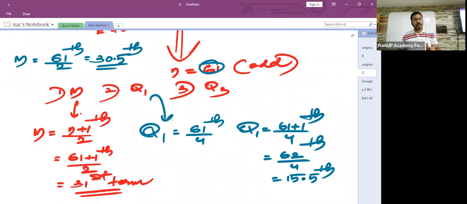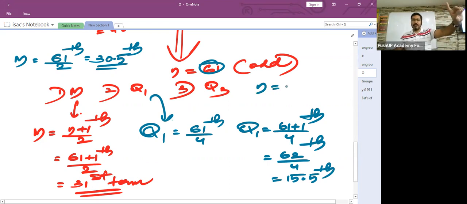Neither n by 4 is helping you, nor (n plus 1) by 4th term is helping you. So children, remember, the number of terms given to you in class 10 portion will always be a number which is divisible by 4, in case they ask you to find the lower and the upper quartile.